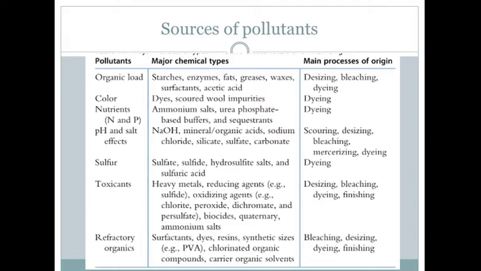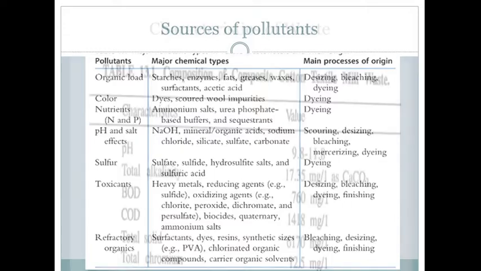Next, the pollutant is sulfur, and the major chemical types are sulfate, sulfide, and sulfuric acid, which come from the dyeing process. Next, toxicants, that is heavy metals, reducing agents, oxidizing agents, peroxide, and dichromate, which come from the main processes of desizing, bleaching, dyeing, and finishing. Okay, so these are some of the various pollutants, the major chemical types, and the main processes of origin.